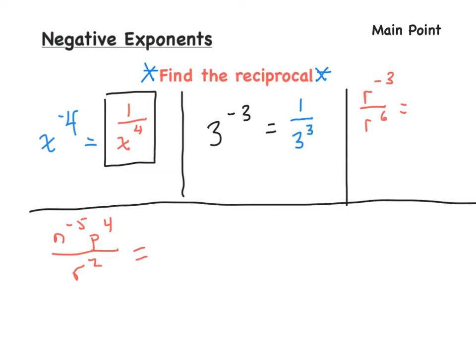So what is 3 times 3 times 3? 3 times 3 is 9. 9 times 3 is 27. So with this, our final answer would be 1 over 27. This would be our simplified final answer. So remember, find the reciprocal.